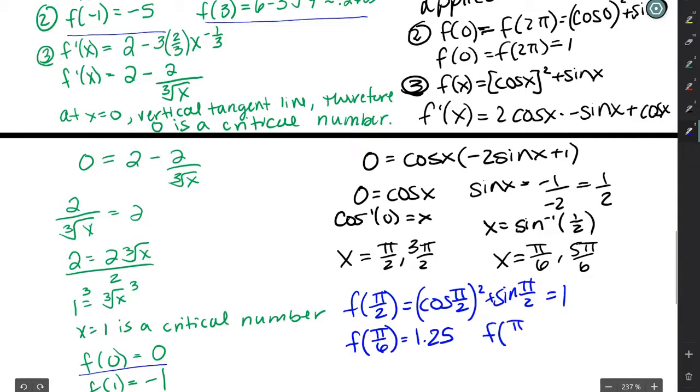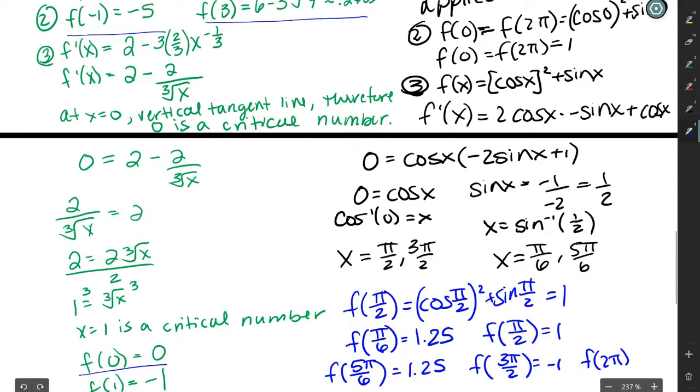F of pi over 2, I just did that one, is 1. F of 5 pi over 6 is also 1.25. F of 3 pi over 2 is negative 1. And f of 2 pi is 1.